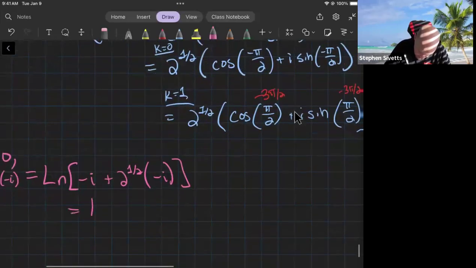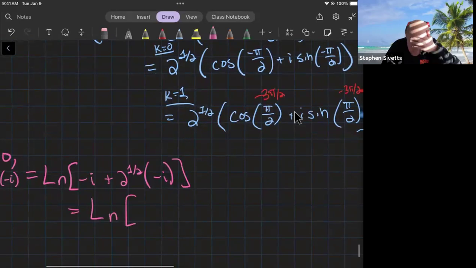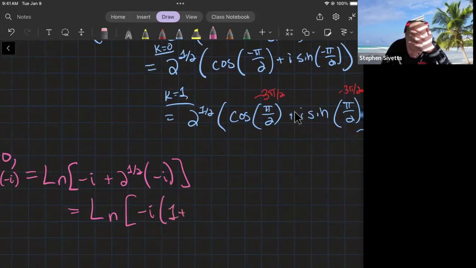And so this equals capital Ln of minus i times 1 plus root 2.